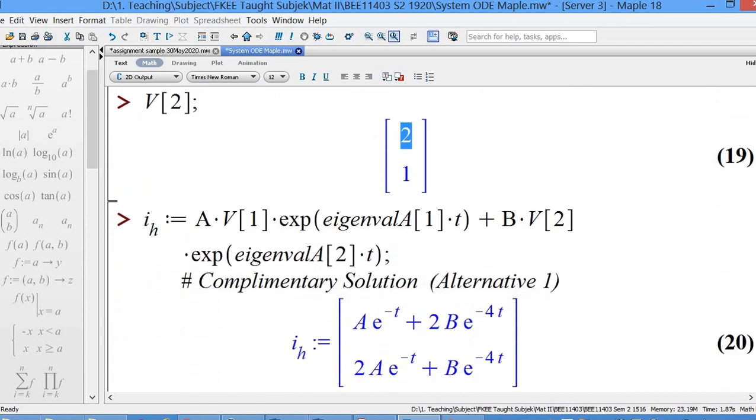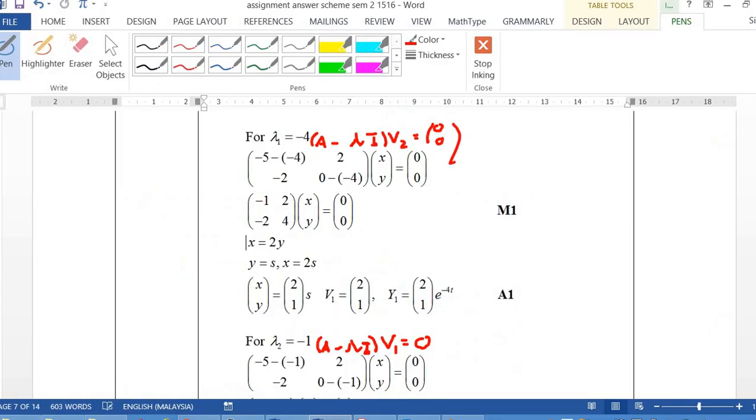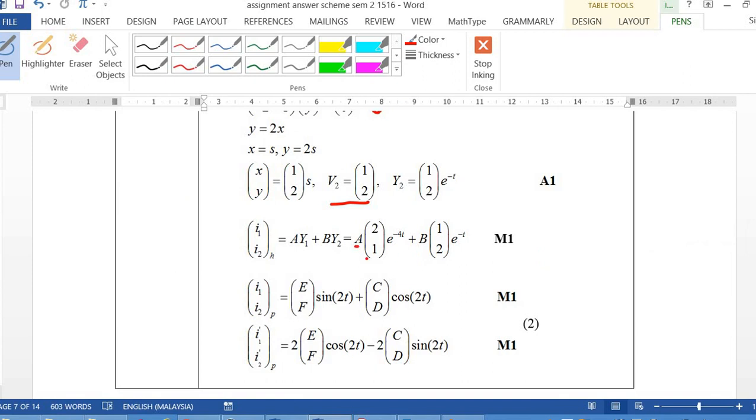So the homogeneous solution will be a multiply V1 exponent lambda 1 t plus b V2 exponent lambda 2 t.